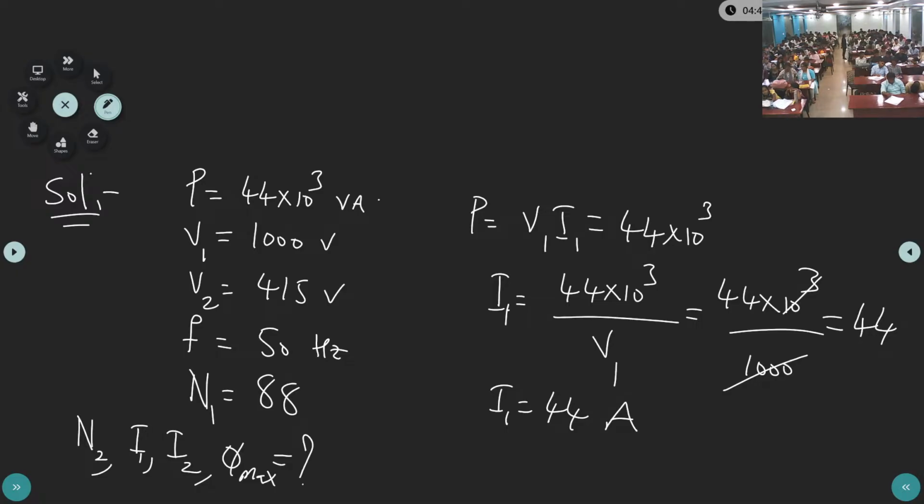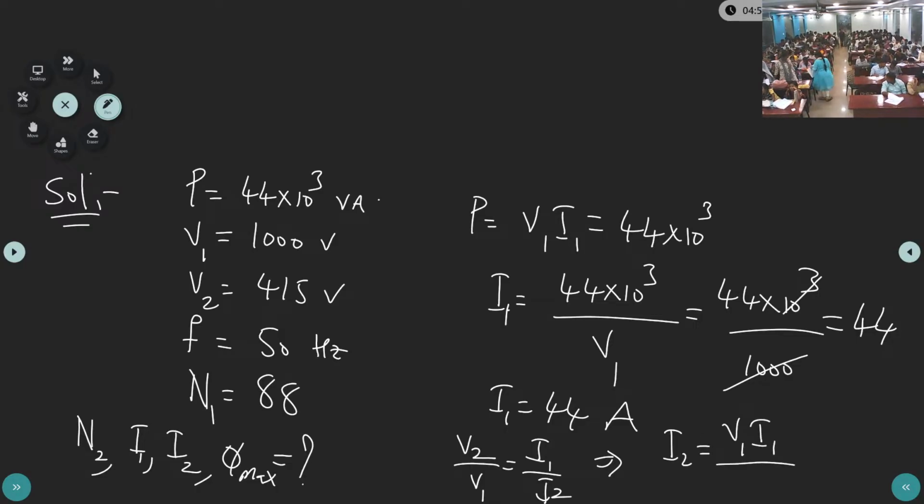From knowing I1, can I get I2? V2 by V1 is equal to I1 by I2. You know V2, you know V1, you know I1, so can I get I2? From this, I2 is equal to V1 I1 by V2. Is that correct? How much is it?